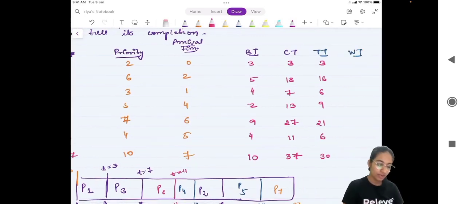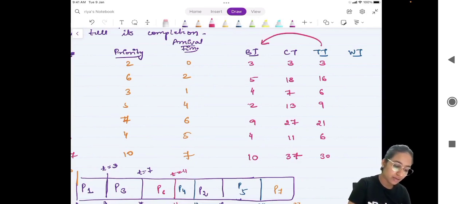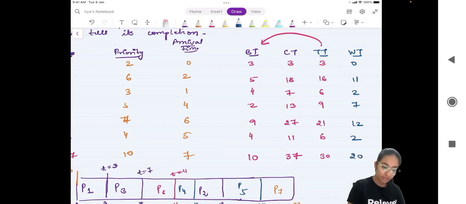So here turnaround time minus the burst time: 0, 11, 2, 7, 12, 2, and 20. This will be the waiting time for each and every process that we have.